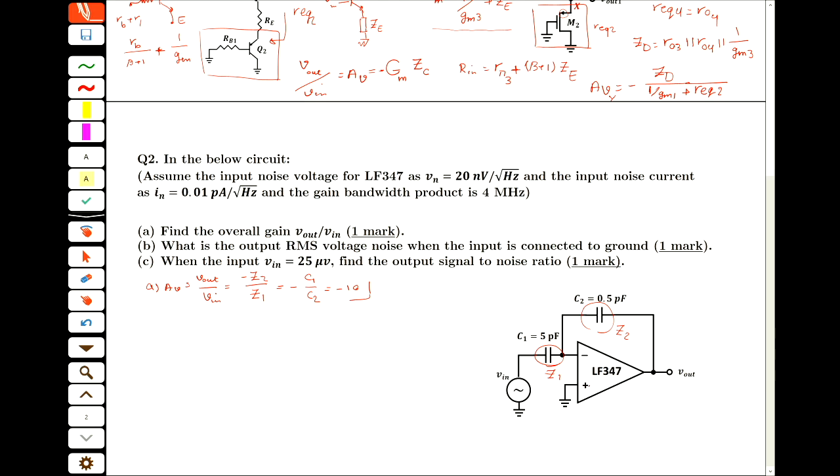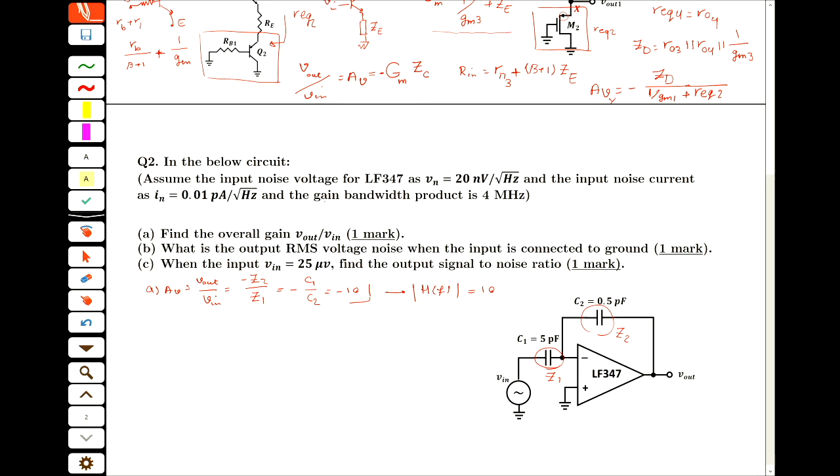So if you have a network, the gain is minus 10. If we say that this network has an H of F, then the amplitude of H of F is 10, always 10. And here it is mentioned that the gain bandwidth equals 4 megahertz.